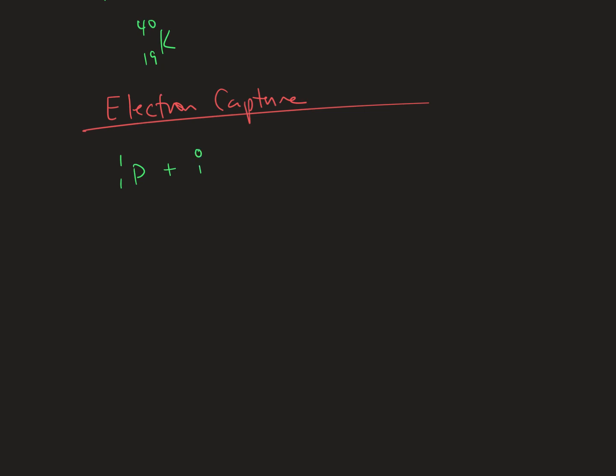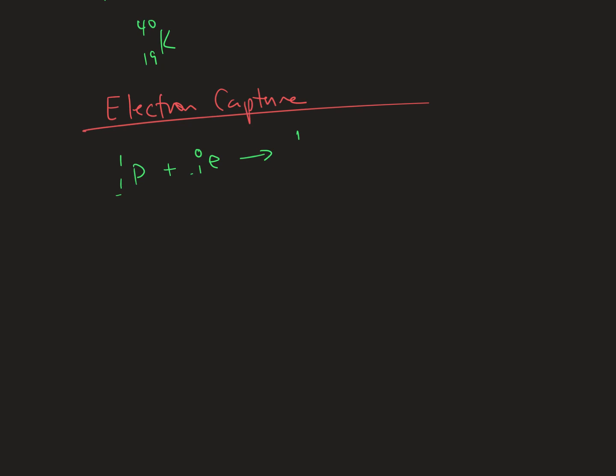So we have 0, 1, negative 1e, so that's an electron. And we do the exact same thing. This time it's on the left side instead of the right side. So we start with a mass of 1, we get rid of 0 rather, and we're left with 1, right?